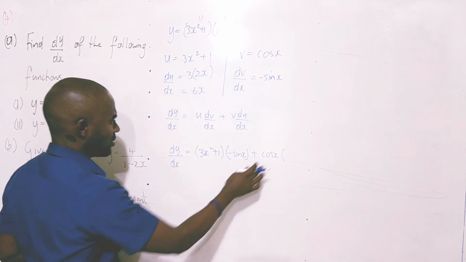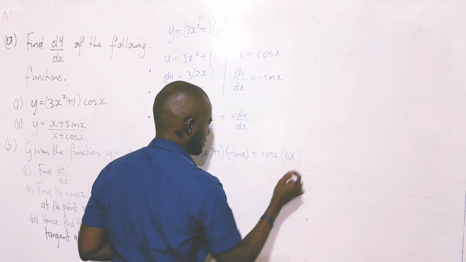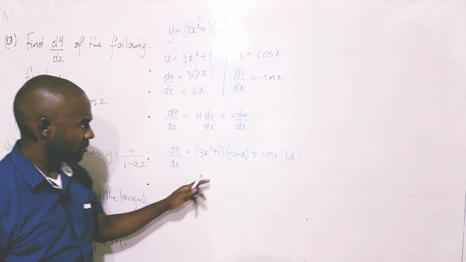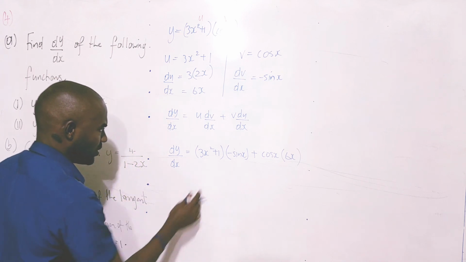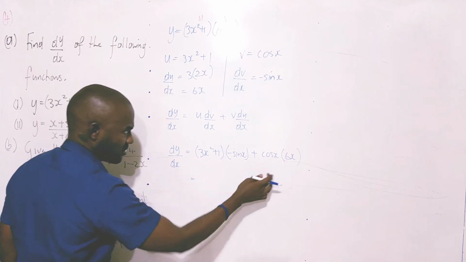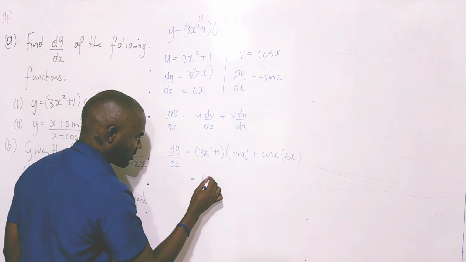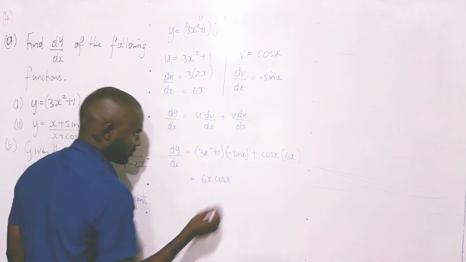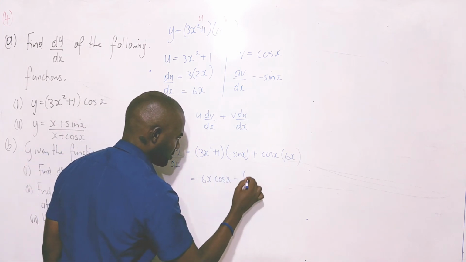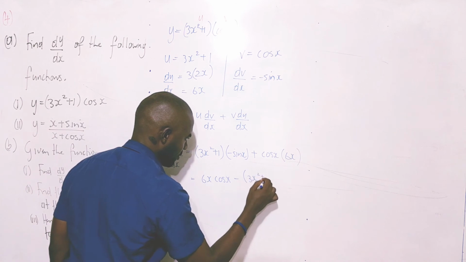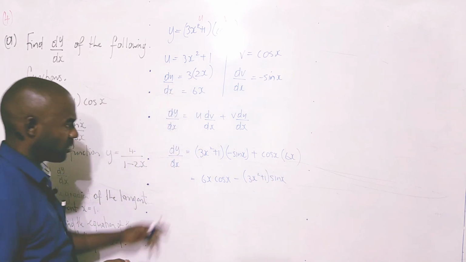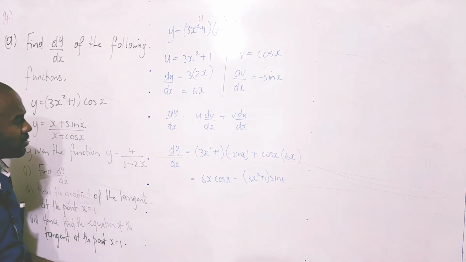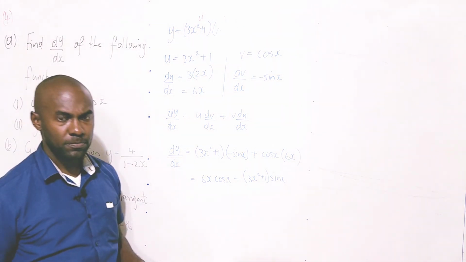So this is cos x times 6x. We basically simplify, put the positive term in front. Let's put this one in front since it's positive. This is 6x cos x. And this is minus 3x squared plus 1 sin x.